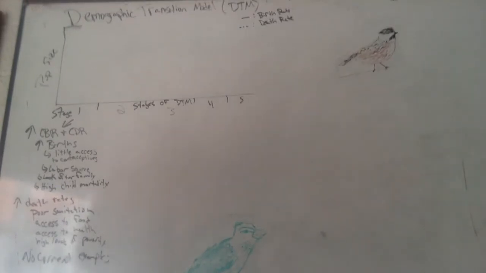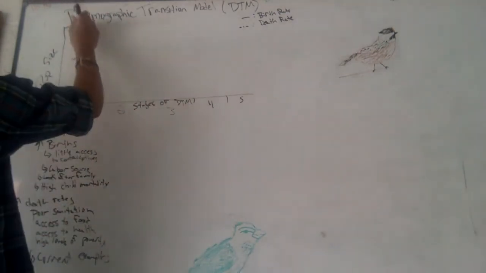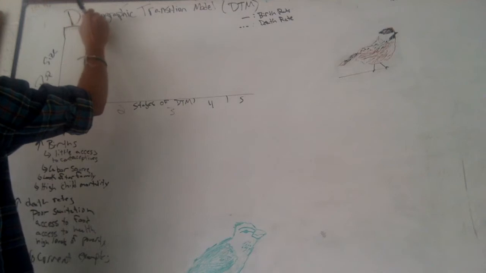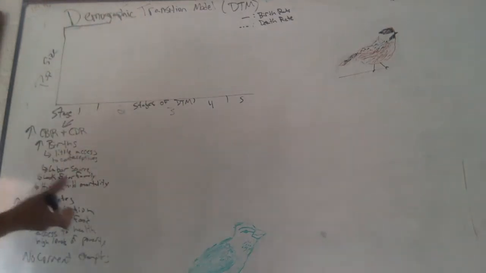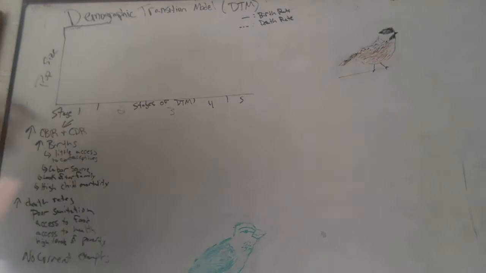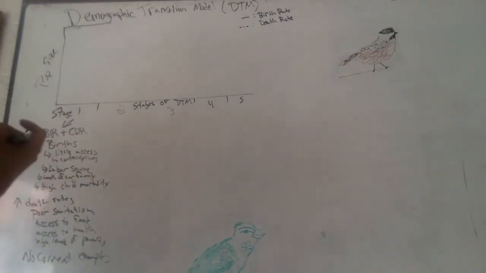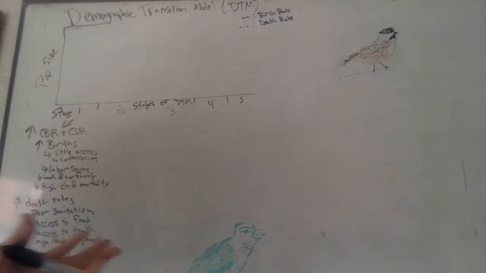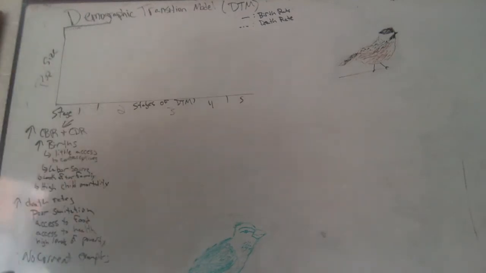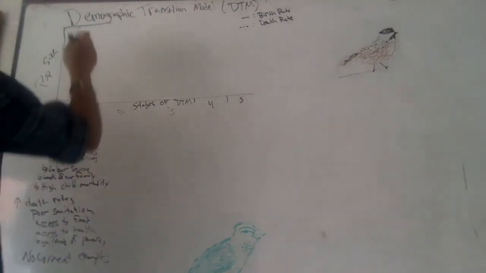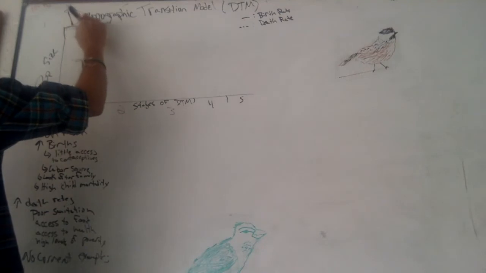Great. So stage 2. As countries start to develop, generally they maintain that really high birth rate because they would still have an incentive to have more kids, right? They would have more help on the farm, people to look after their family. But as food access increases, as health services increase, death rates will actually start to drop.